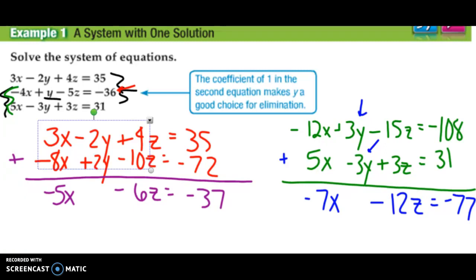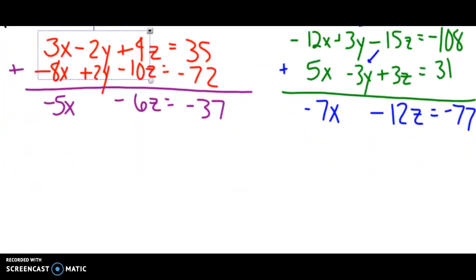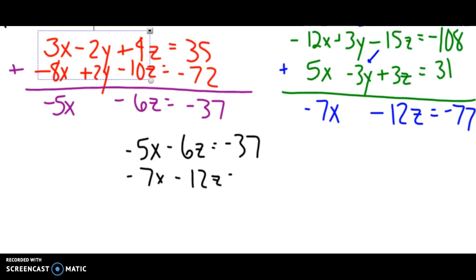So now it looks like something we're familiar with, two variables. And so what we're going to do there is say, okay, well now I just have this system: negative 5x minus 6z is equal to negative 37, and negative 7x minus 12z is equal to negative 77. So if I wanted to eliminate one of those variables, obviously what I can do is multiply the top, all of it, by 2, because then I have negative 12z on top and negative 12z on the bottom, and then the z's will go away.